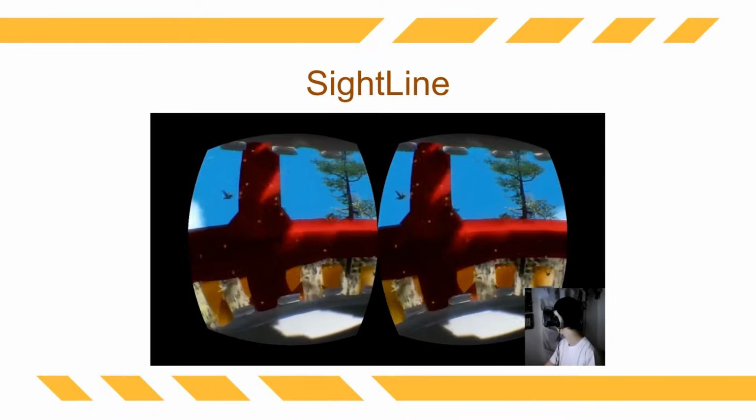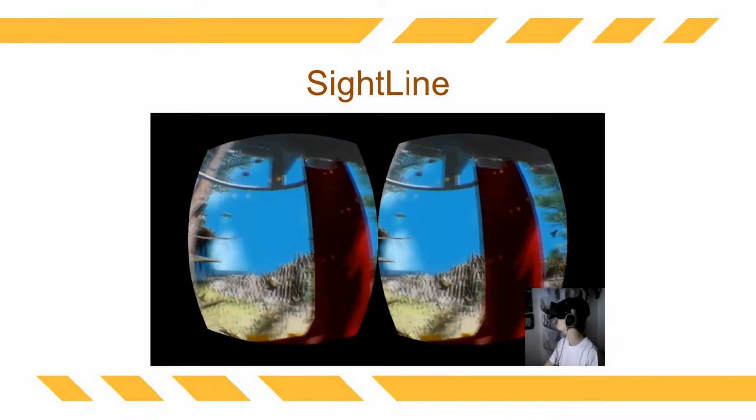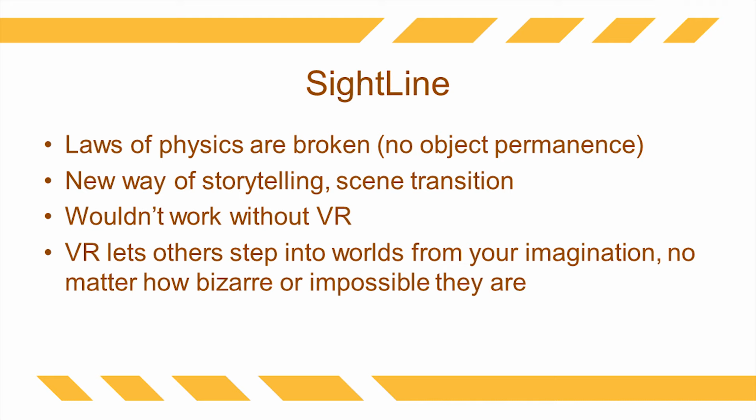If you look at a chair and glance away even for a moment, it might turn into a door. Or the entire scenery can change around you if you just look around. This created a very unusual and surreal experience and opened a new way of storytelling and even transitioning between sceneries, which also had the added benefit that it didn't make people sick, because there was no actual movement.